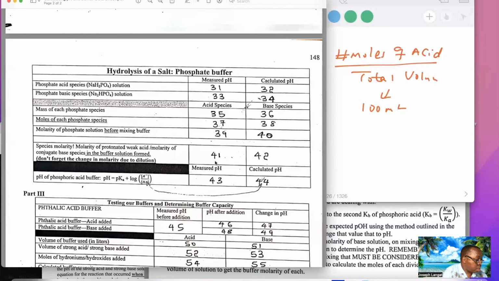Let's see how this was prepared: dissolve 50 ml of solution, the first part of the buffer solution, then the second part.